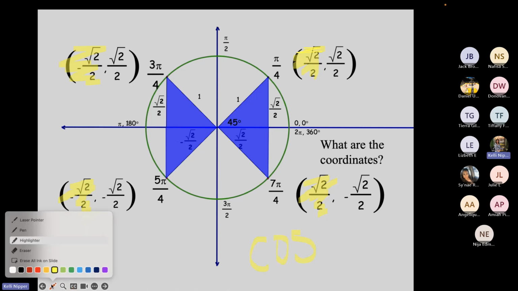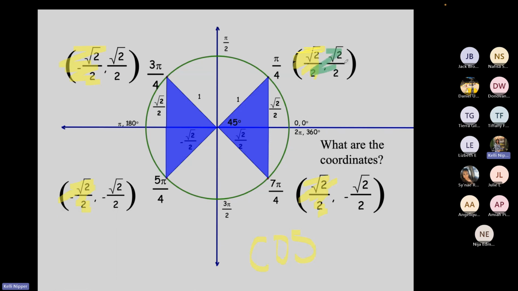And then if we go to a different highlighter, let's go to green maybe, we can highlight the sine coordinates. Notice that the sine coordinates are positive in quadrants 1 and 2, and negative in quadrants 3 and 4, okay?